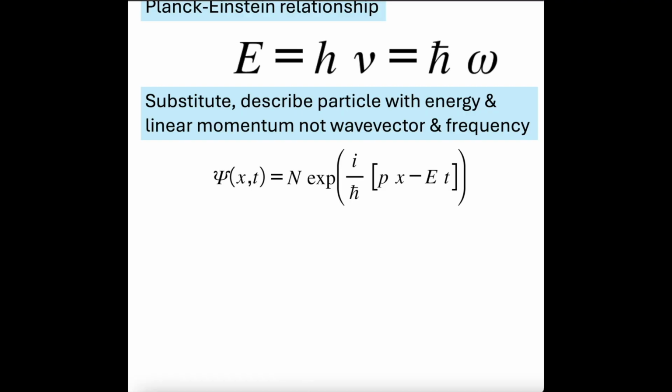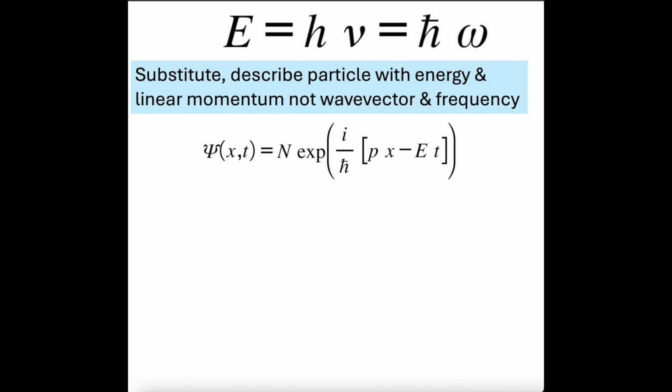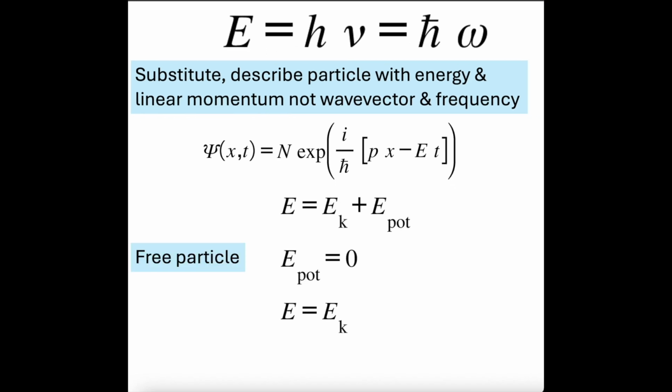Those are two properties that we would associate with particles, so this is the natural way to express the wave function for a free particle. Remember, as always, for all systems, the total energy is kinetic energy plus the potential energy. But right now we have a free particle, so the potential energy is equal to 0. Therefore, the total energy is just the kinetic energy.